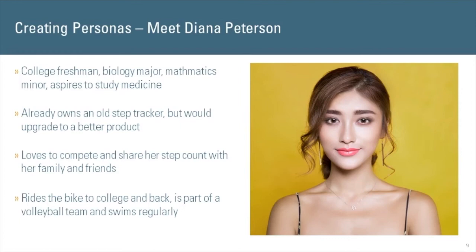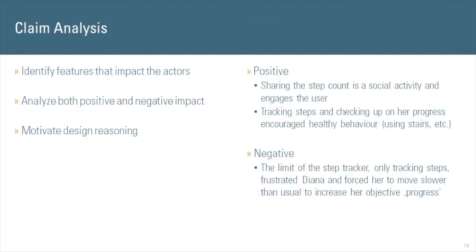So based on the scenario and the persona we have now, we can conduct a claim analysis. It's essentially a fancy name for a pro and con list. What is happening in this scenario? The claim analysis identifies how the features in the scenario impact the actors, how the system and context impact the actors, and they analyze both the positive and negative impact of the system.